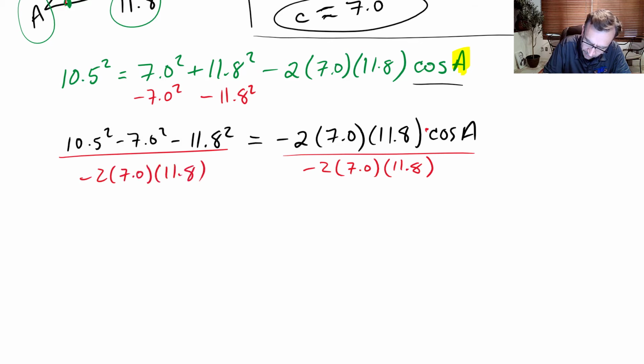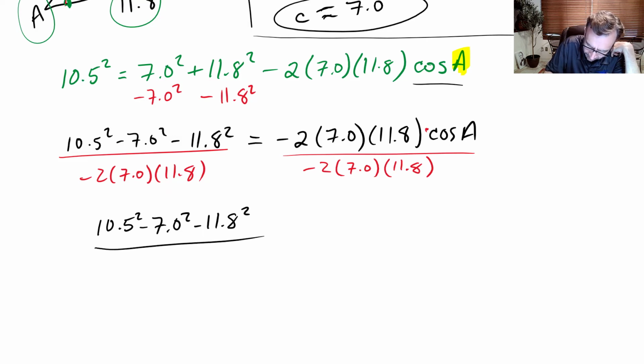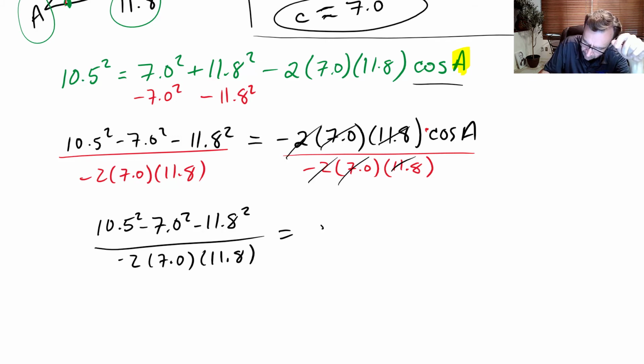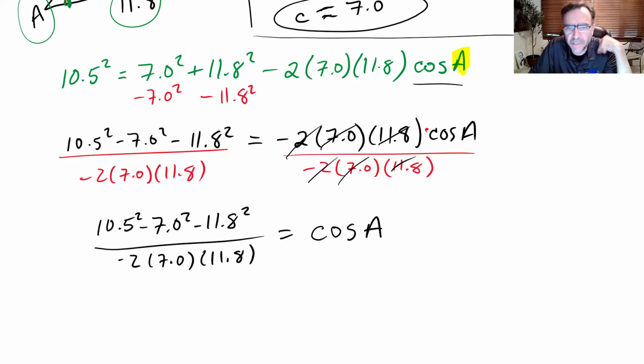That gives us 10.5 squared minus 7.0 squared minus 11.8 squared, divided by negative 2 times 7.0 times 11.8. And on this side, all this cancels, and so I just get cosine of A. So I did the algebra and isolated the cosine.